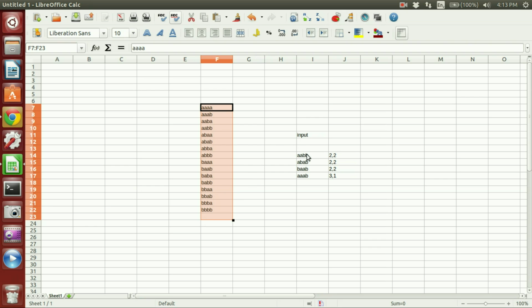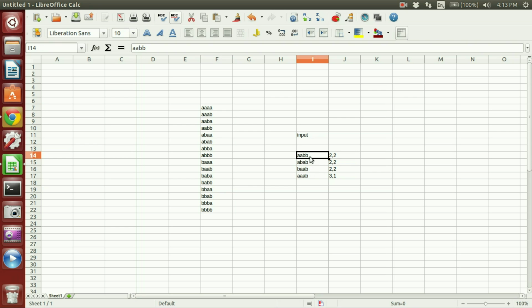So if you calculate LCS of every input string, these are the input strings, and these are the possible strings of the same size as the input strings.